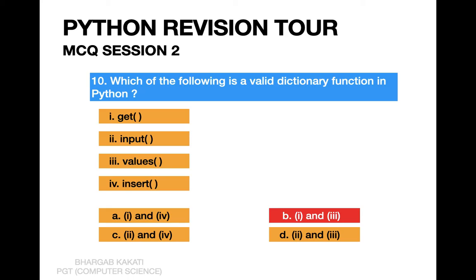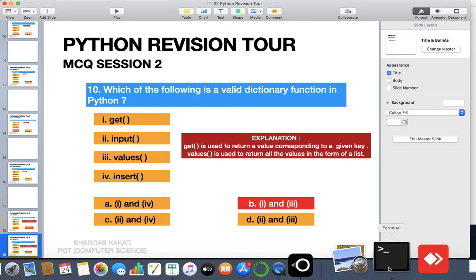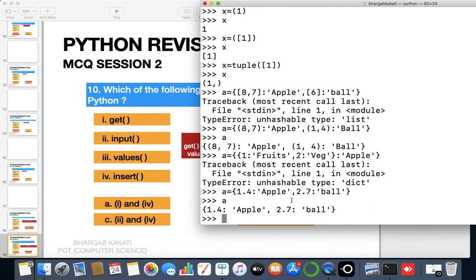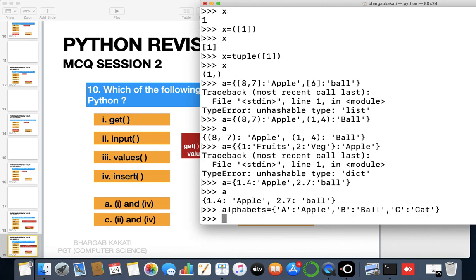Okay, let me verify it for you. Let me create a dictionary at first. Alphabets equals to like A for apple, B for ball, let's say, and let's say C for cat.